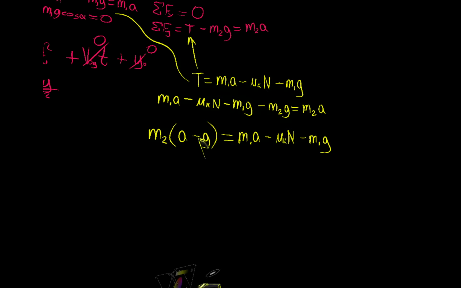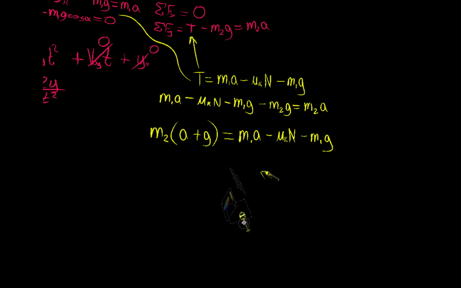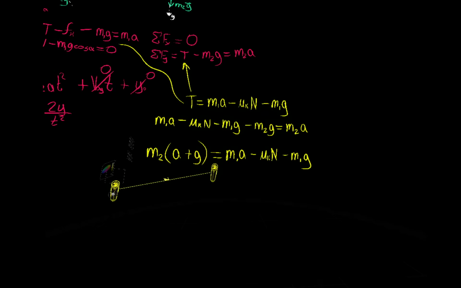A plus g here. If we move that over. And then m1a. Let's see. I can't find where I did it wrong, but I see my notes do something different, so maybe my notes are wrong. M2. I get something wrong when I plugged stuff in.